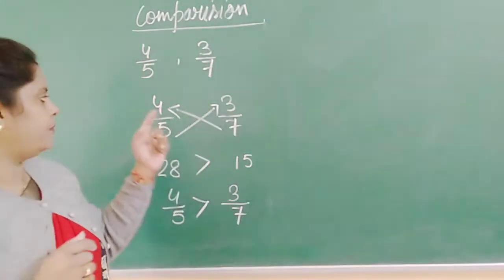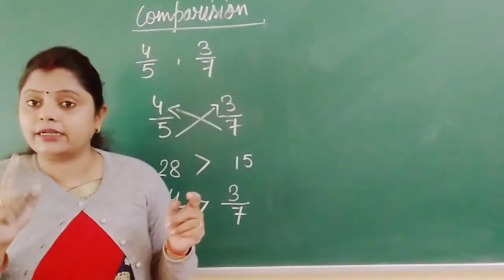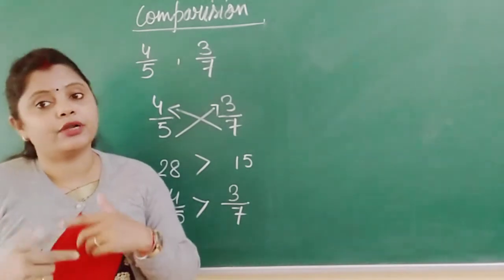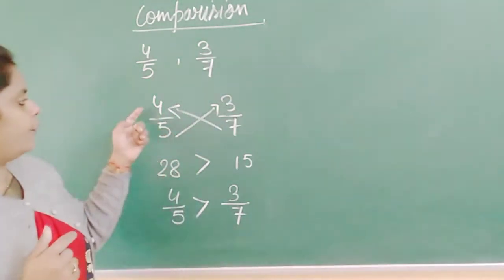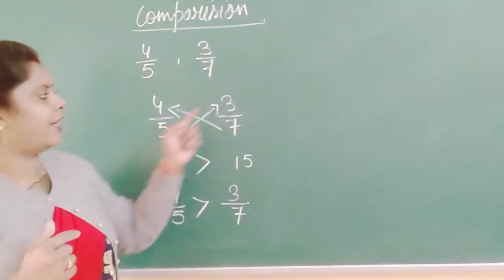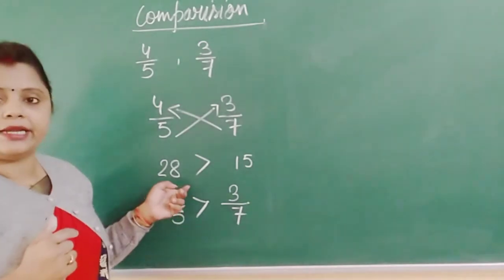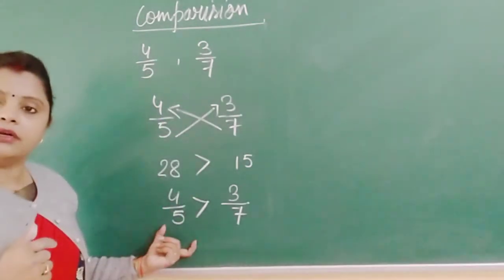First we have to multiply the first number's numerator with the second number's denominator. It is very important that you follow this only. If you do the reverse, the result will be reversed. So 4 times 7 is 28, 5 times 3 is 15. Then we see which one is greater. 28 is greater, so this side has the greater value.